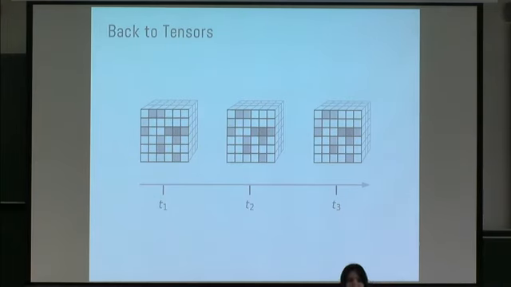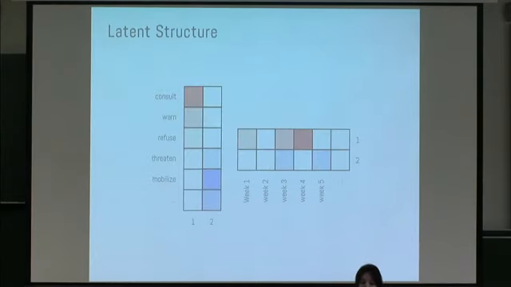So what happens then when we move back to the world of tensors? Just as a reminder, our goal here is to take a 4-mode tensor whose modes are senders, receivers, action types, and time steps, and decompose it into latent factors that tell us who did what to whom when. Well, it turns out we don't really need to change very much.